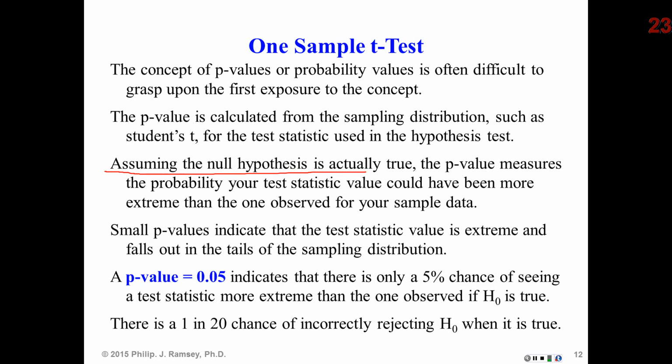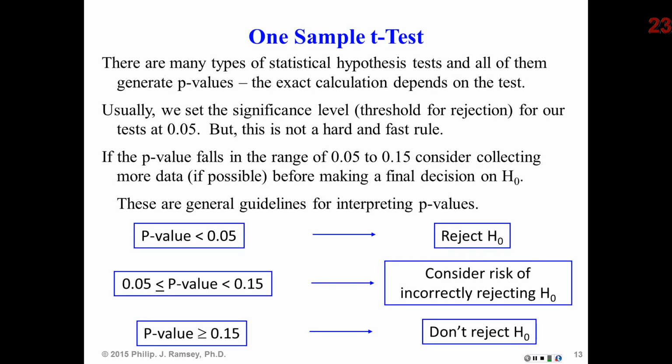Could it be 1 in 10? Could it be 1 in 50? The answer is, it's really up to the person doing the analysis what risk he or she wants to take of incorrectly rejecting a null hypothesis. So these are nothing but rough guidelines for these p-values.